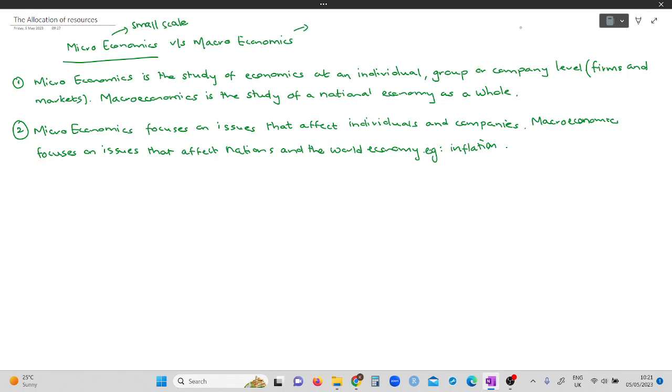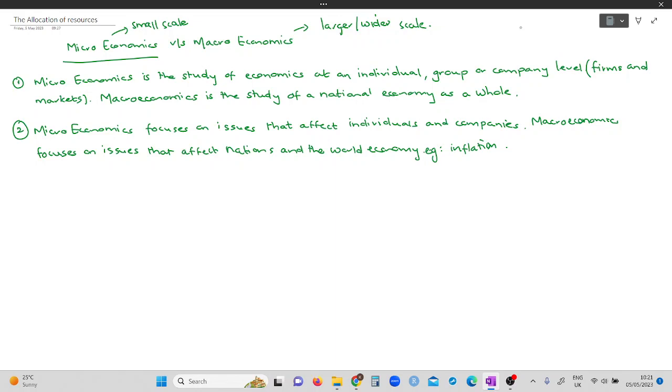As compared to macroeconomics, it is a larger, ou bien nous dit a wider scale. C'est-à-dire qu'il affecte un plus grand nombre de personnes in terms of society aussi. D'accord? Donc, exemple de macroeconomics, nous dit unemployment. D'accord? Unemployment qui affecte tout le monde. C'est un phénomène qui est mondial. Il y a l'intérêt, l'inflation, tout ça là, c'est macroeconomics.